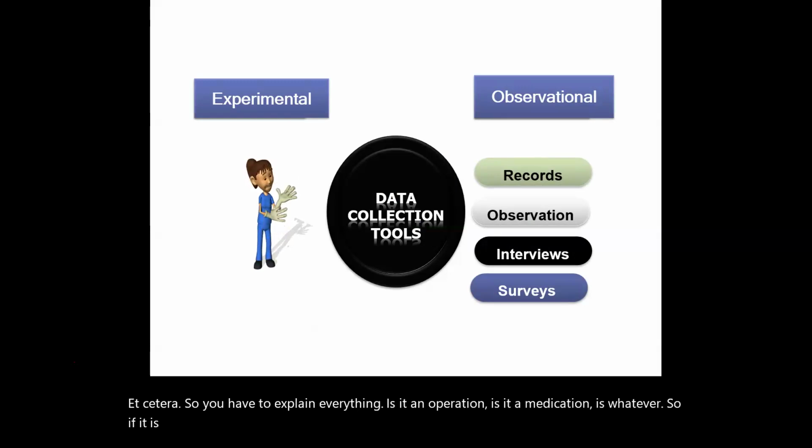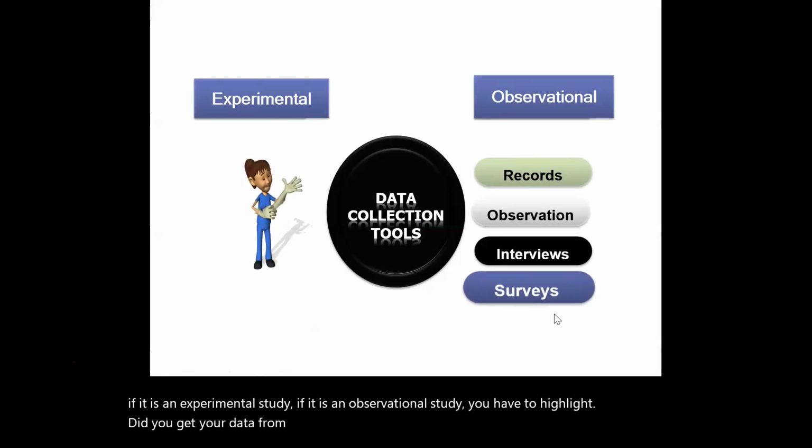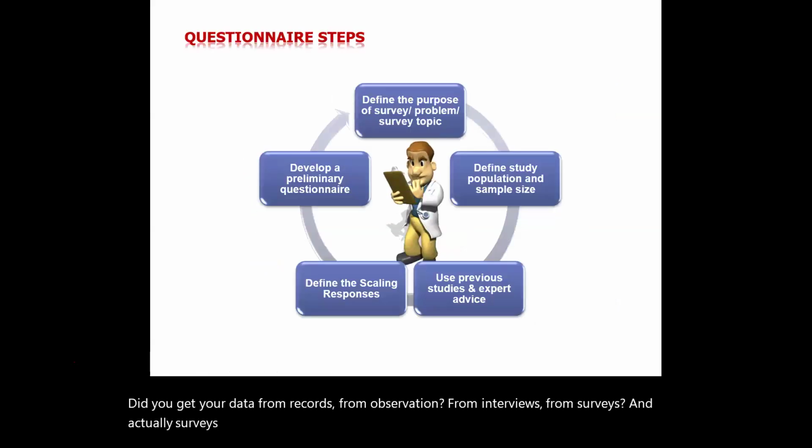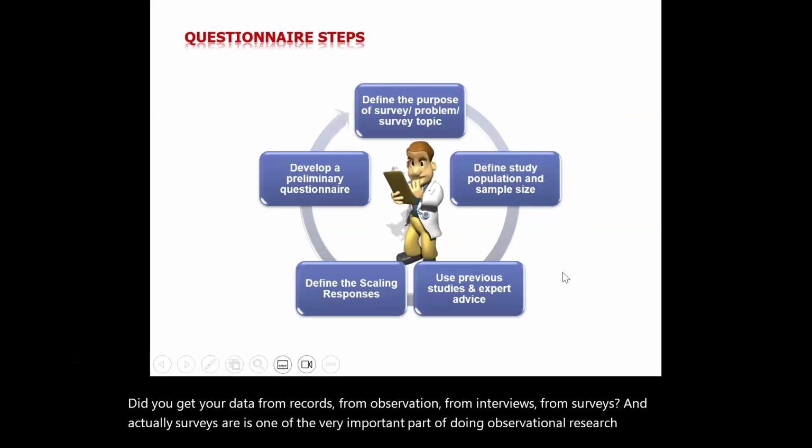If it is an observational study, you have to highlight whether you got your data from records, from observation, from interviews, or from surveys. And actually, surveys are one of the very important parts of observational research. For example, you need to have a questionnaire.